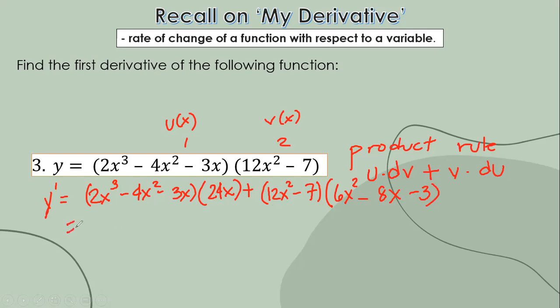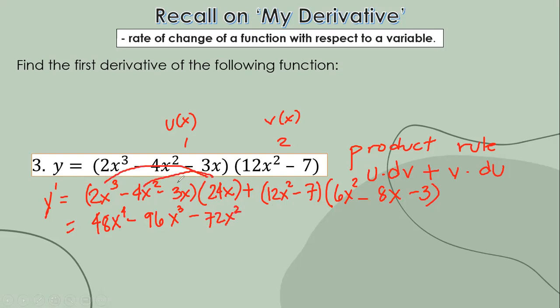So, our final answer would be, so 48x to the fourth minus 96x cubed minus 72x squared.